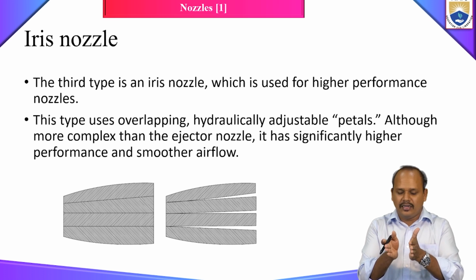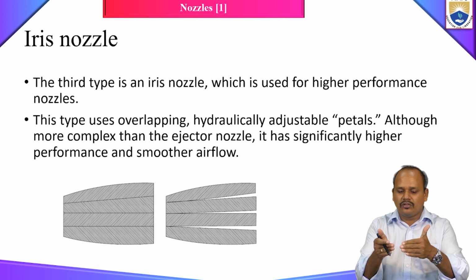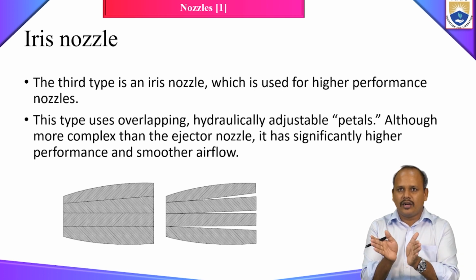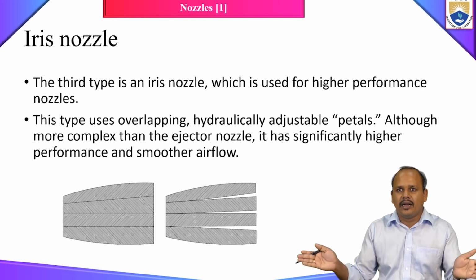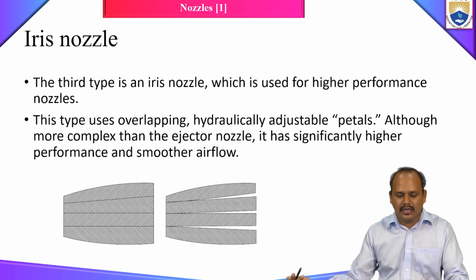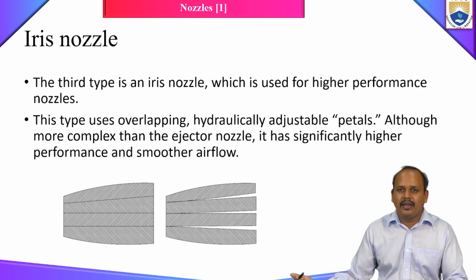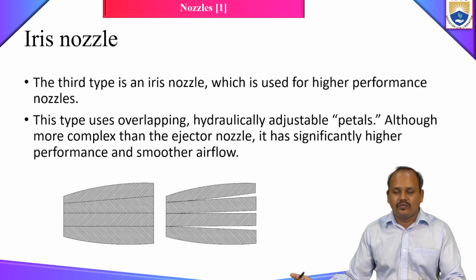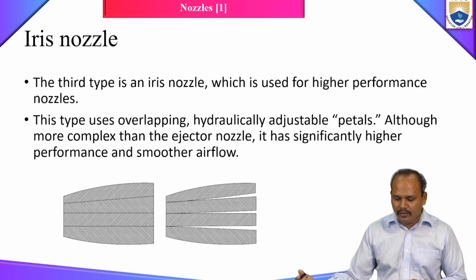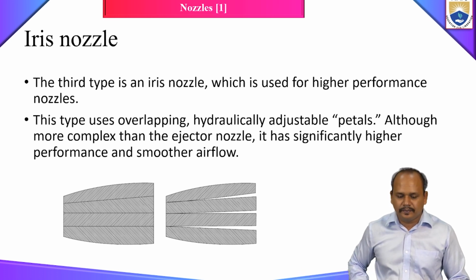So you can either increase the throat area, or you can make the same nozzle into a convergent nozzle or a convergent-divergent nozzle. You can increase the throat area or you can simply increase the divergence, that is, the exit area. By making this arrangement, you can have the variable area nozzle. So these are the three basic types of mechanism we use to get variable area nozzles.